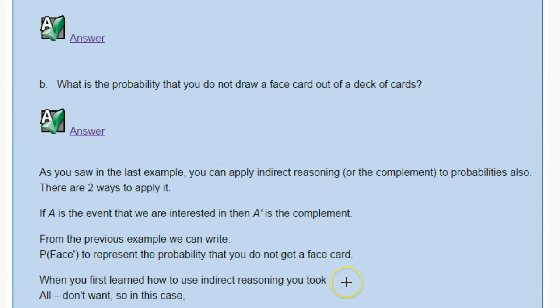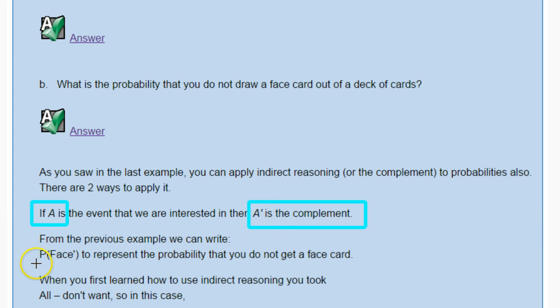So let's look at some of the terminology that goes with this. We can apply indirect reasoning, the complement method, and we also need to know a little bit about how to write that. If we have A as our event that we're interested in, and then we have its complement, the way we would write it is A prime, A with this little apostrophe.